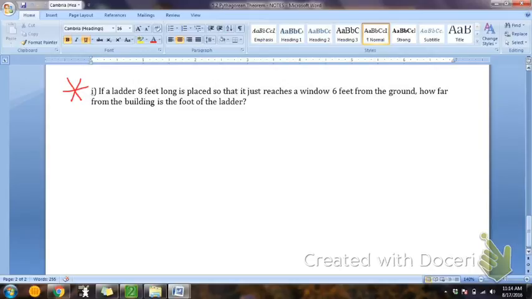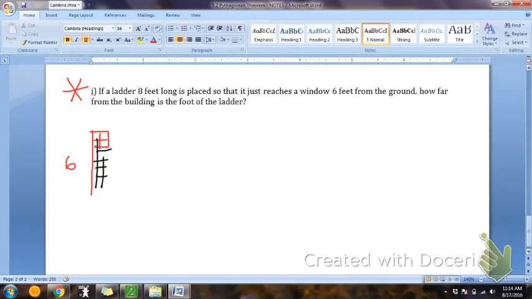Okay, so we have a window that is 6 feet from the ground. Here's my window in my house. There is a ladder that is up against the house. Now, some people want to draw the ladder straight up and down like this. If you put a ladder straight up and down against the house, what's going to happen?